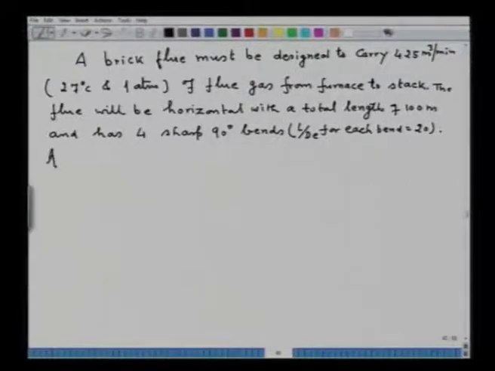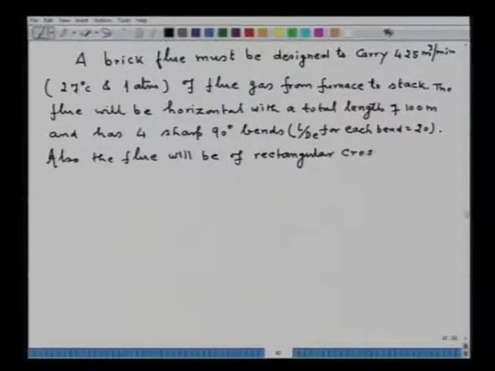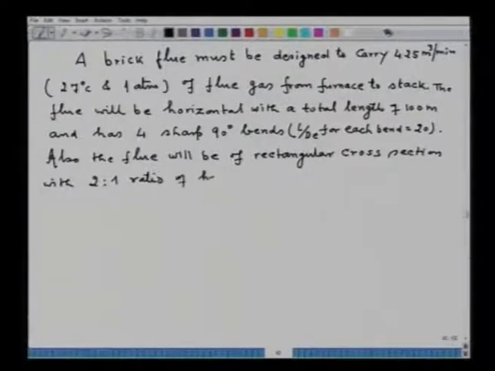Also, the flue will be of rectangular cross section with a 2:1 ratio of height to width.